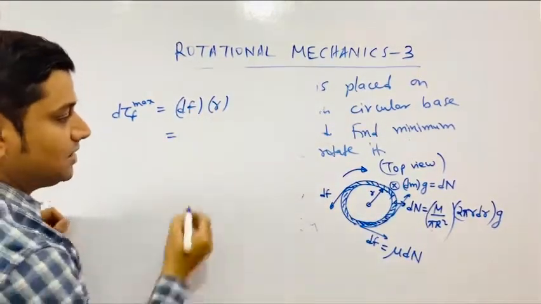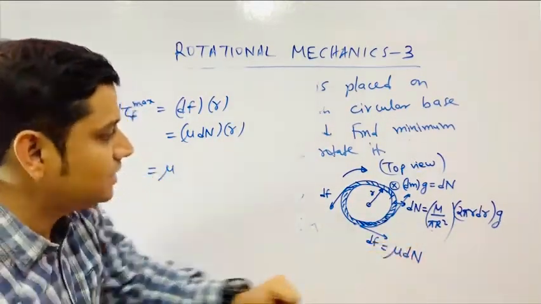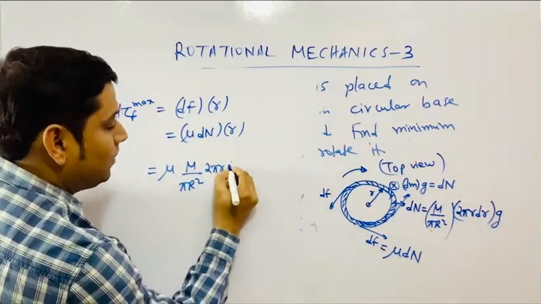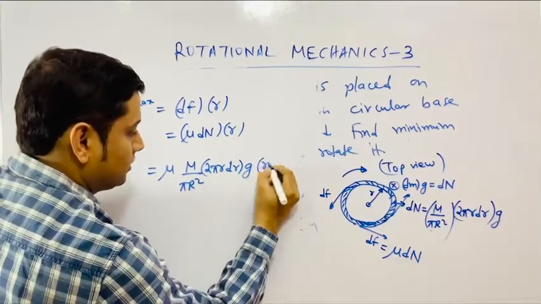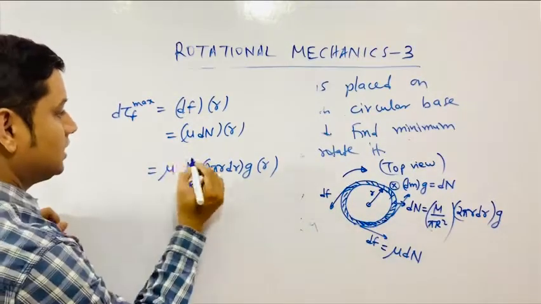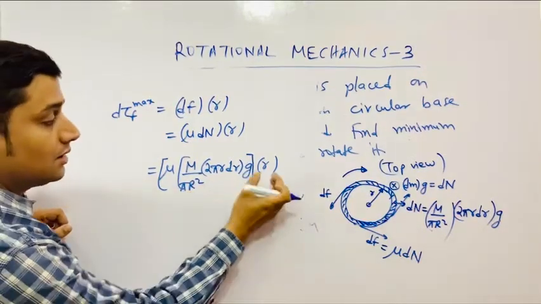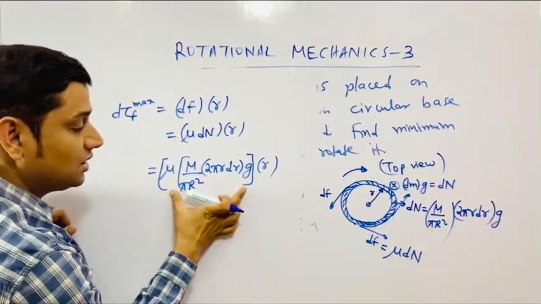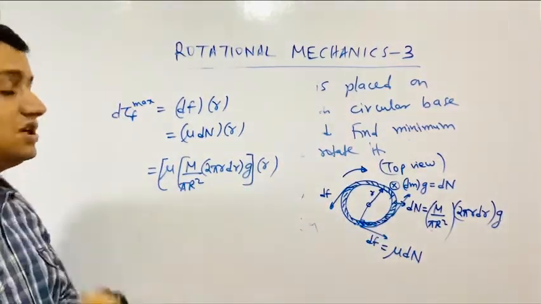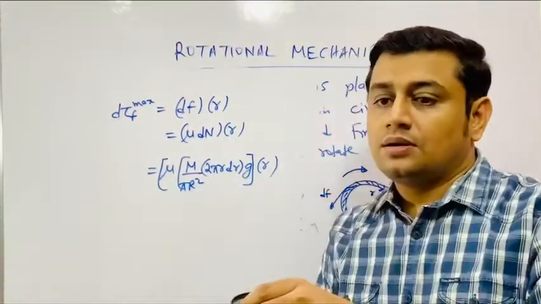That means mu into dN into r, which is mu into mass by pi r square into 2 pi r dr into g into r. This bracket was the normal. This is mu. So this is the frictional force acting tangentially at all points, into the distance. This is the maximum torque that can prevent the motion of the cylinder between r and r plus dr.